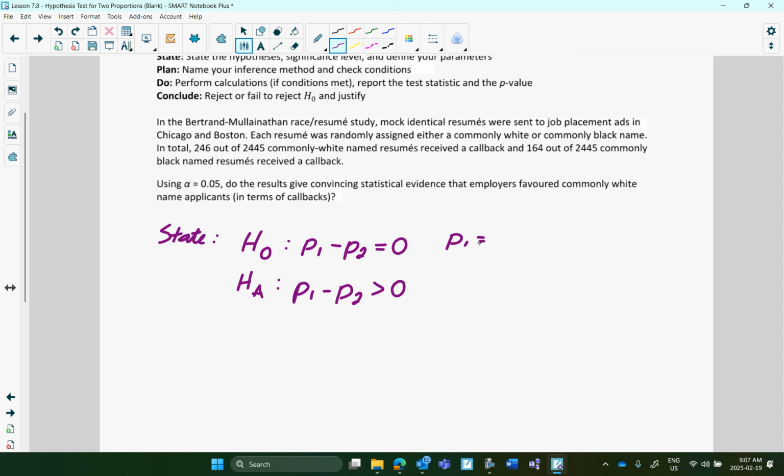And of course you have to define them. P1 is the true proportion of white names without callbacks.